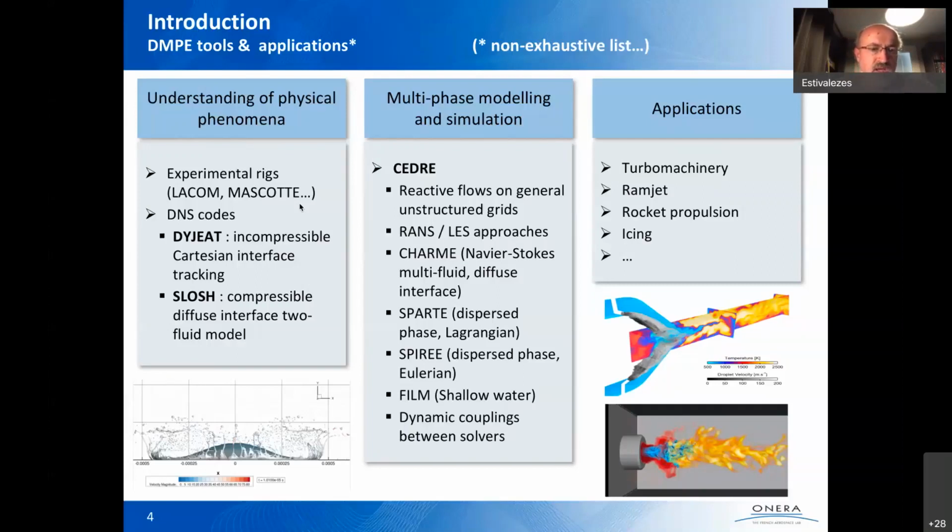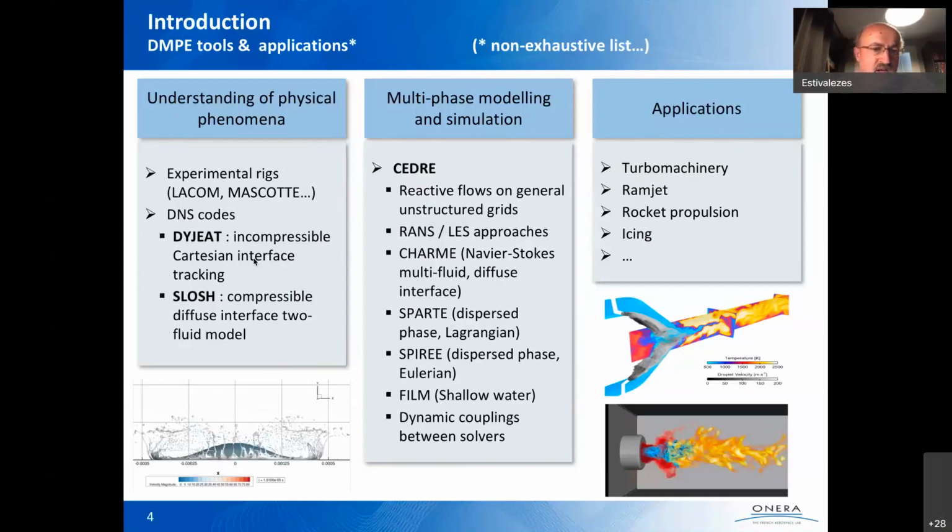So in order to get insight into the physics of such a phenomenon, we play with DNS codes. DNS codes mean direct numerical simulation codes. That is codes which are accurate enough, with enough refined grids, in order to catch all the scales of the problem without any need to model.